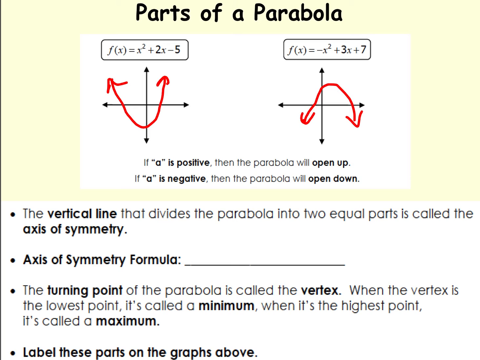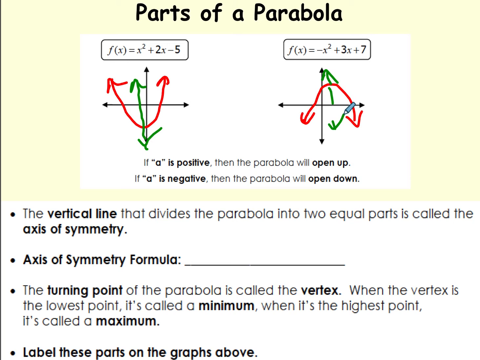So when we go ahead and we have those parabolas graphed, one of the things we gotta know is they do have lines of symmetry that are always going to be right through the vertex. Okay, and it's called the axis of symmetry.